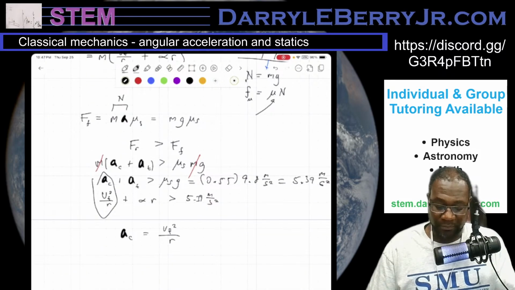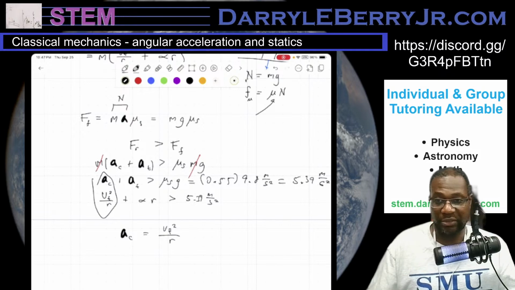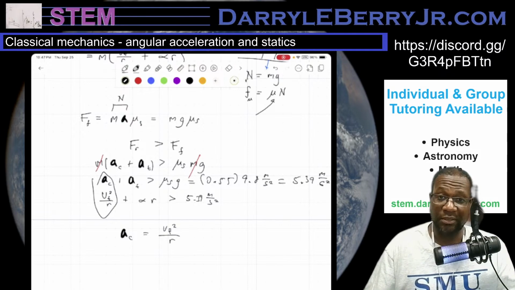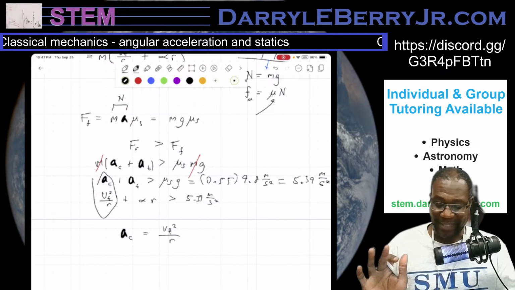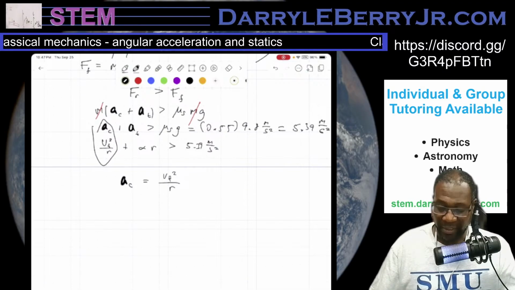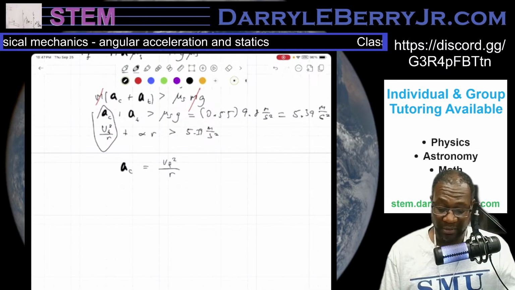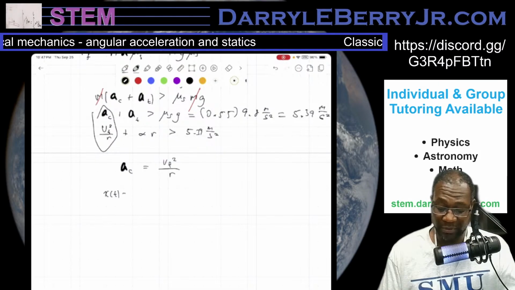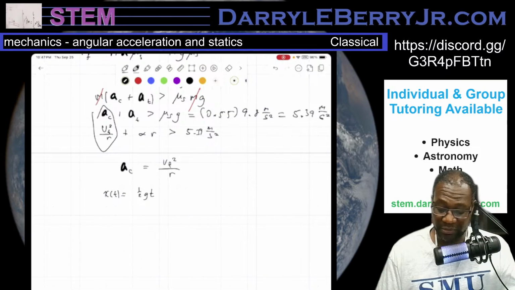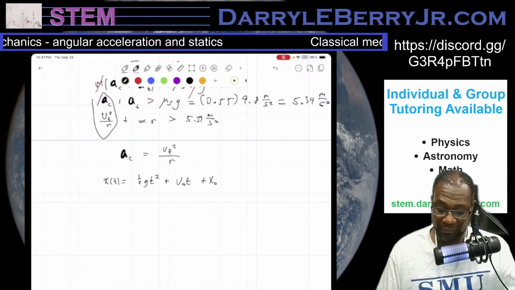Now, the thing about angular acceleration, it has counterparts to the linear acceleration. I still don't remember the angular formulas, but I do remember the linear ones. So we have, for instance, x(t) equals 1/2 a t squared plus v naught t plus x naught.